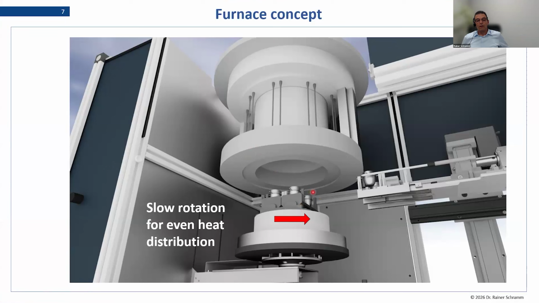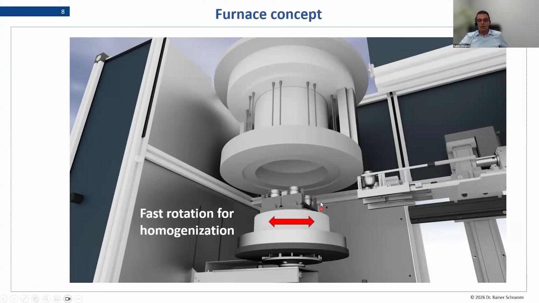And when we make a high rotation in the next step, then of course with acceleration and stopping the rotation, the force moves the material inside the crucible in a way that you have a very efficient homogenization.